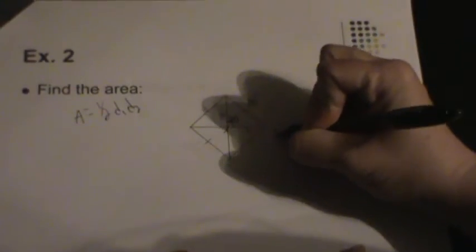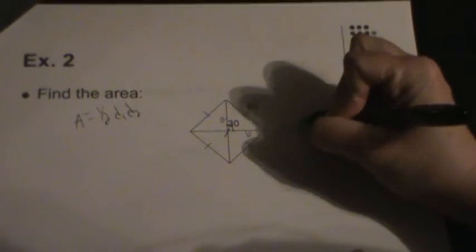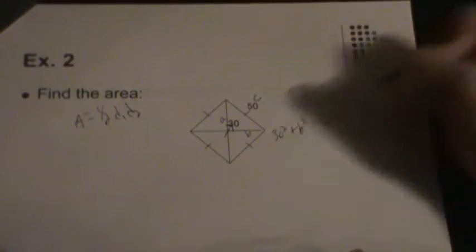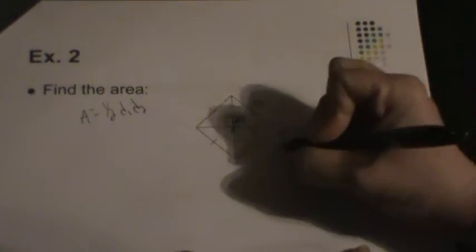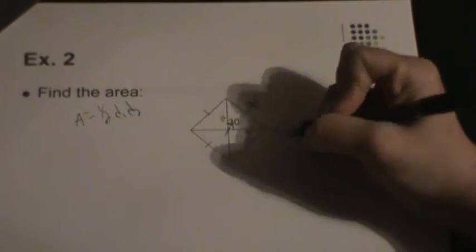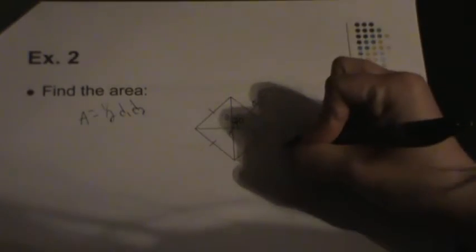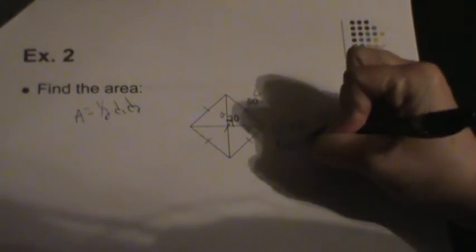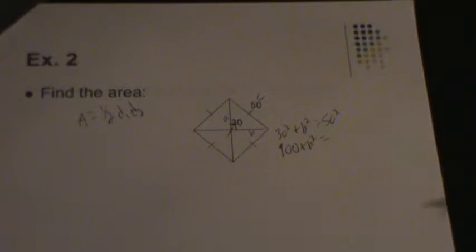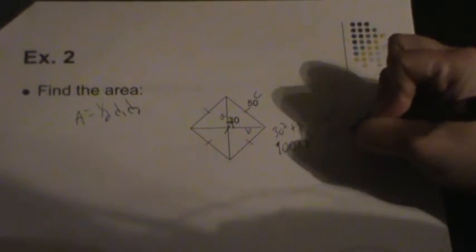So we start with 30 squared plus B squared equals 50 squared. 30 squared would be, I believe, 900, plus B squared equals 50 squared would be 2,500.